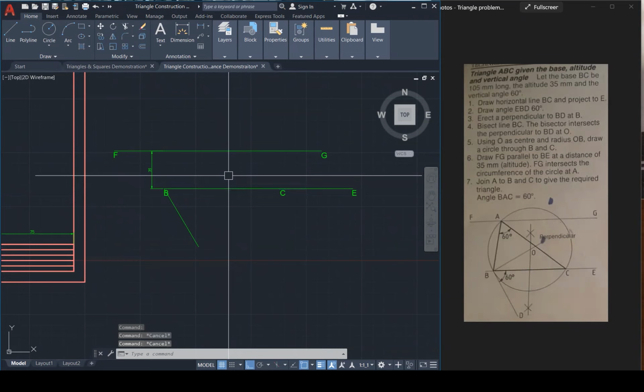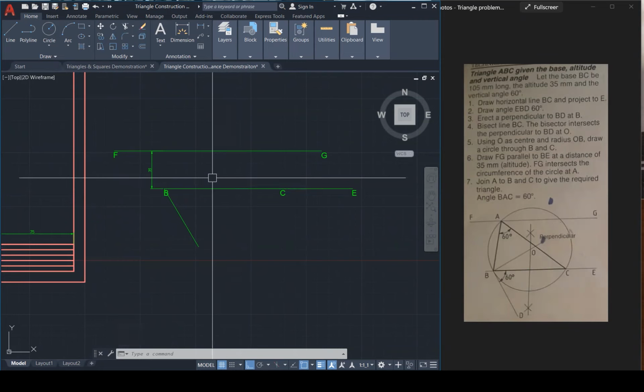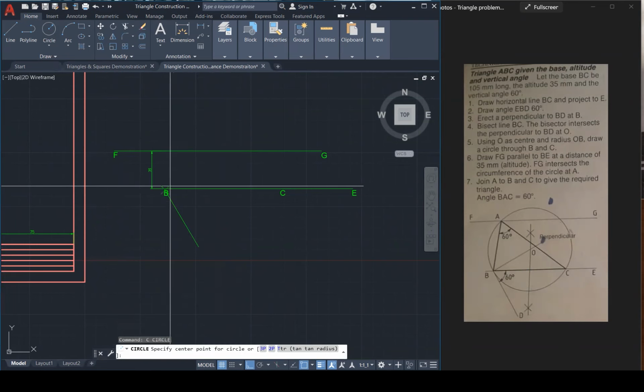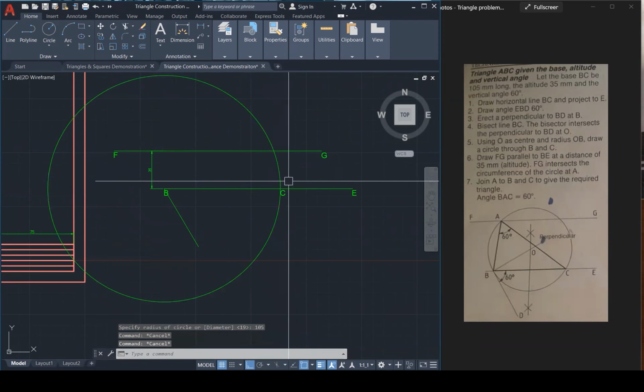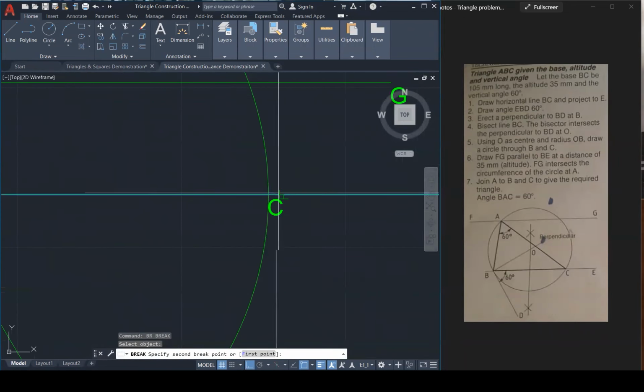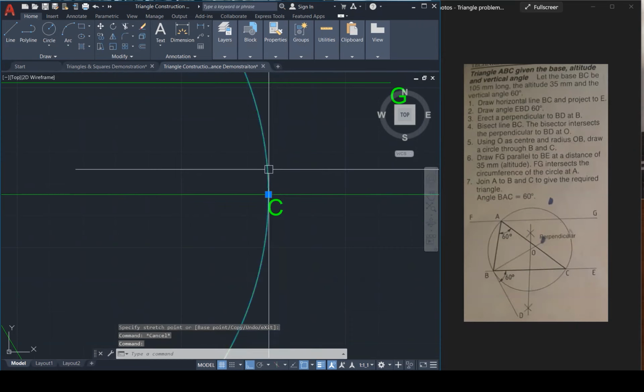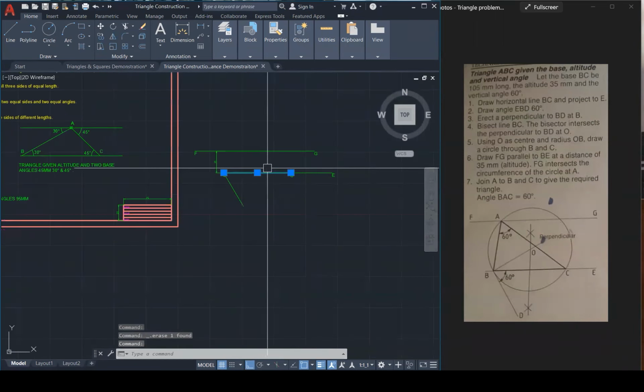What is the distance of this line now? BC. Let me get back the distance. The distance is 105. So what I'm going to do is create a circle here, and where it hits 105, that's my trimming point. Or I could break my line here and put it to here, go back to there, and get rid of my circle. So that's my 105.